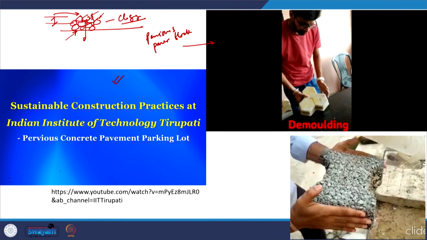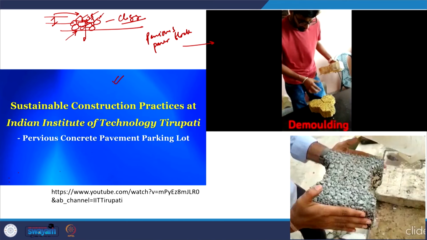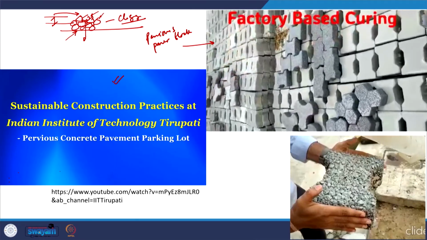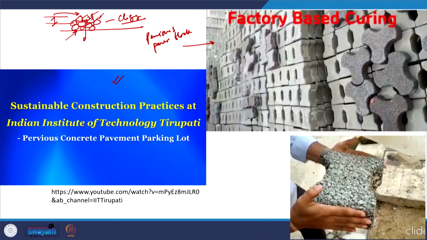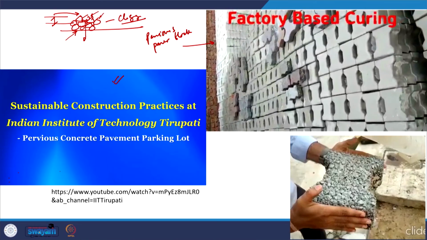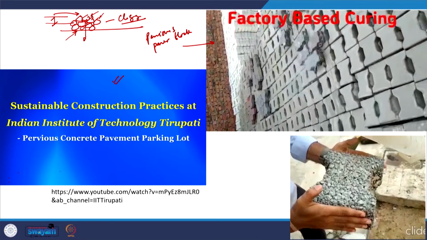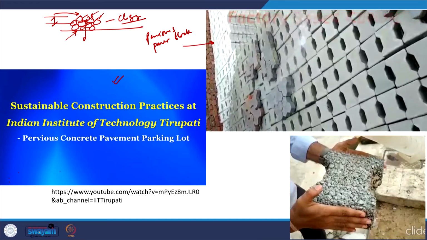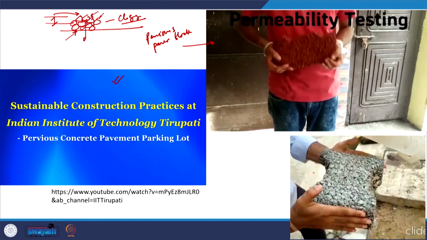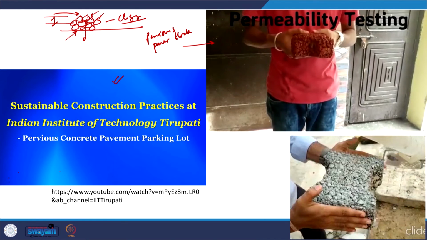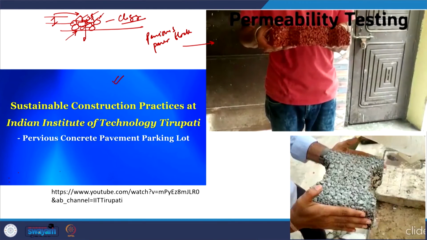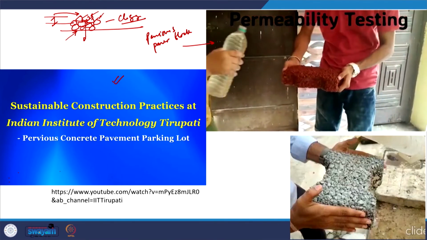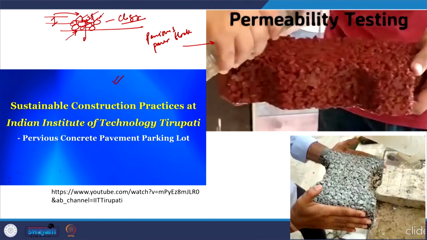This is demolding. Controlled curing at the factory through sprinkling of water at different intervals. This is some empirical form of permeability test, just to demonstrate how water percolates.